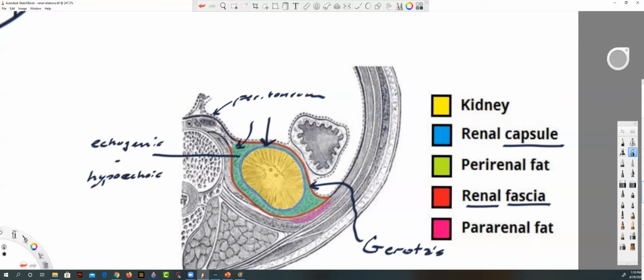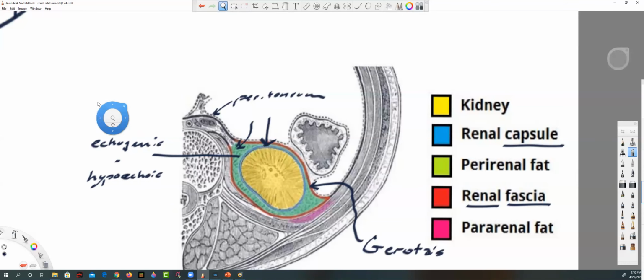In any case, just like around other inflamed organs, the pancreas, the fat can become even more echogenic than normal. But in any case, the fat around the kidney has a range of appearances. All right.